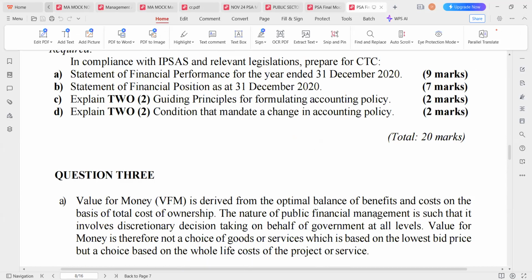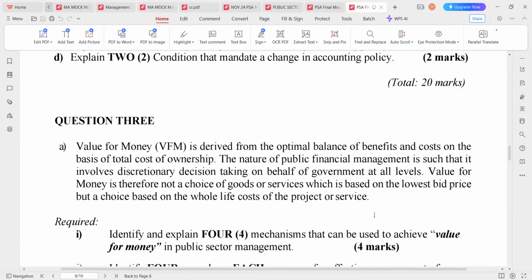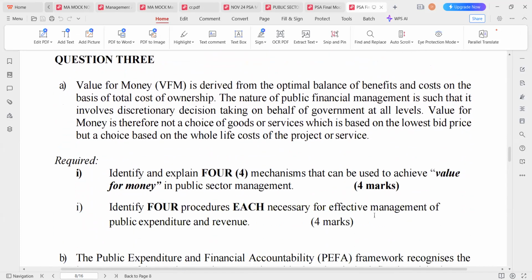Value for money. What are the 4 measures of value for money? Or 4 mechanisms? What is value for money itself? Any activity or any amount the public sector entity spends, they must get a value for it.